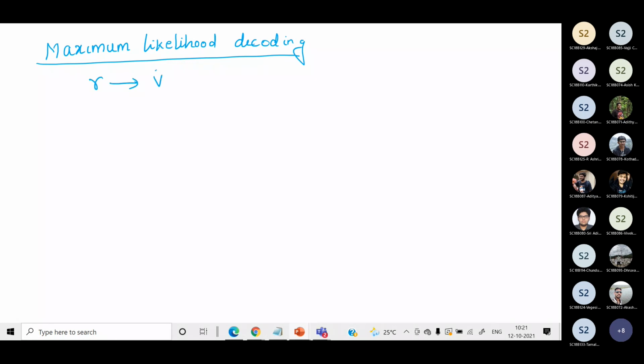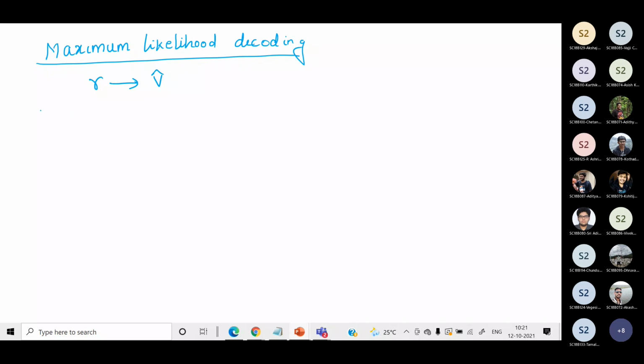To design the channel decoder, they use the maximum likelihood decoding technique to find out from R what was transmitted. What is maximum likelihood decoding?